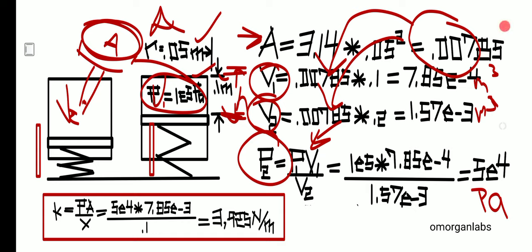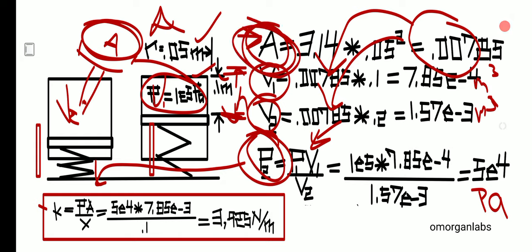We have P2. Now we go down over here, and we finally get our final answer. Our spring constant is your pressure, which is your P2, times your area, divided by X, which would be this 0.2, wait, we gotta do something. X is our displacement.